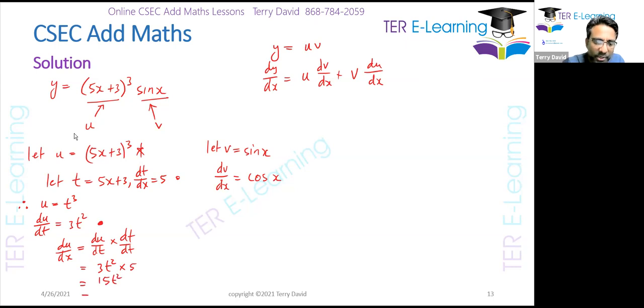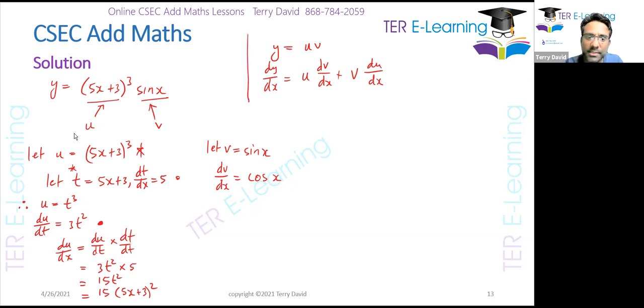But remember, you had substituted a value for t: that's 5x + 3. So it's 15(5x + 3) squared. We're using the chain rule here to work this out. So I've worked out du/dx.